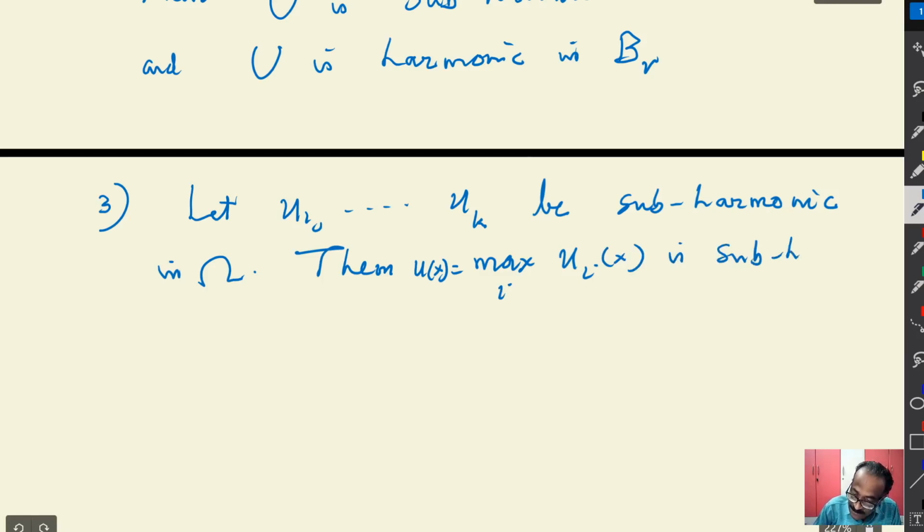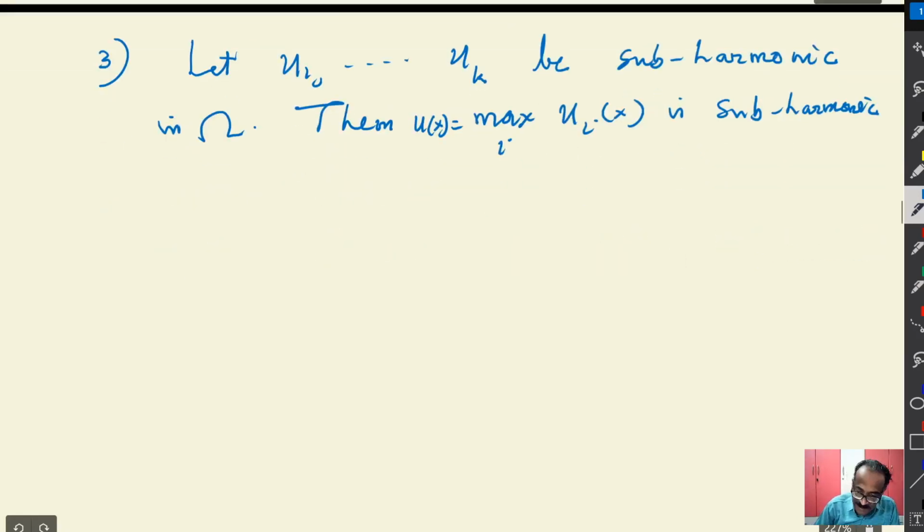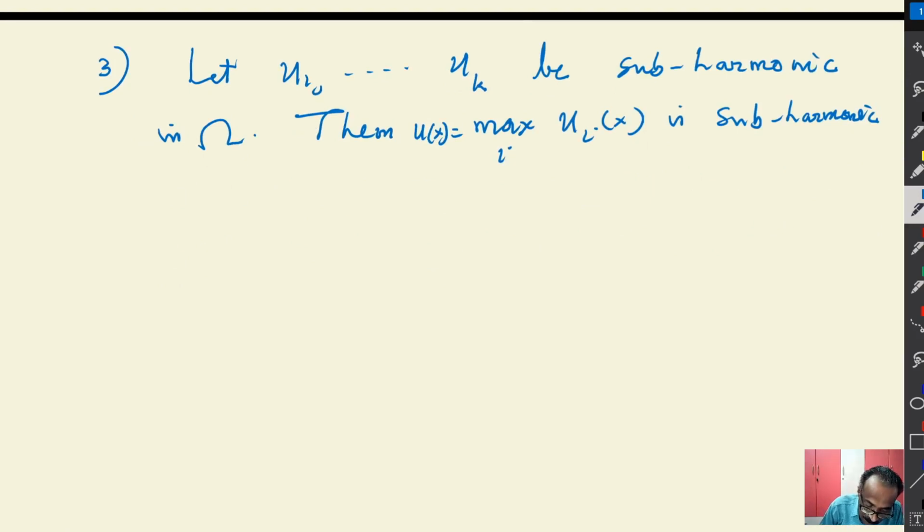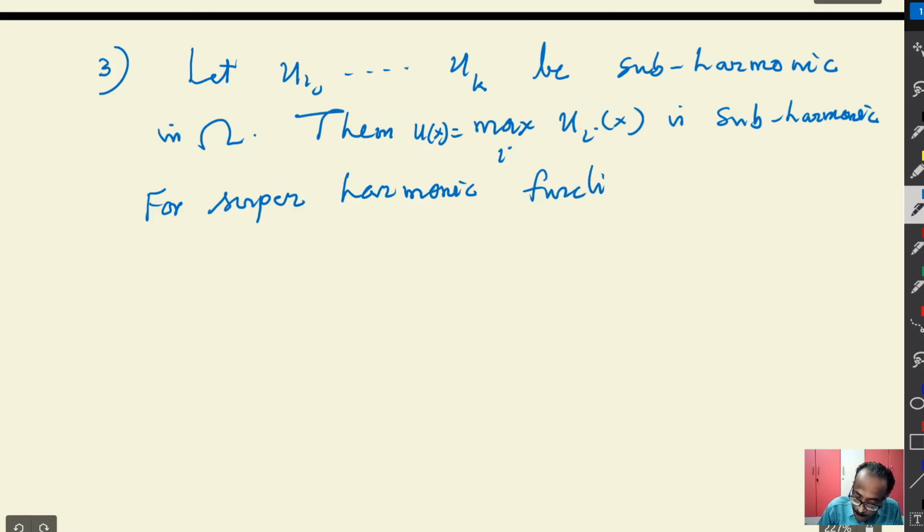So you see the maximizer preserves the sub-harmonicity, and the minimizer, for super-harmonic functions, the minimum of Ui(x) is super-harmonic. And harmonic functions work for both maximizing and minimizing.